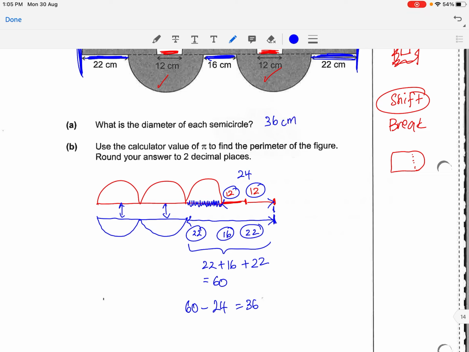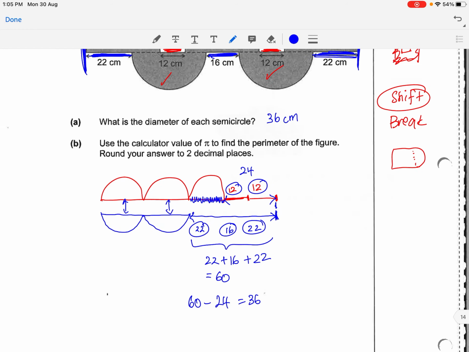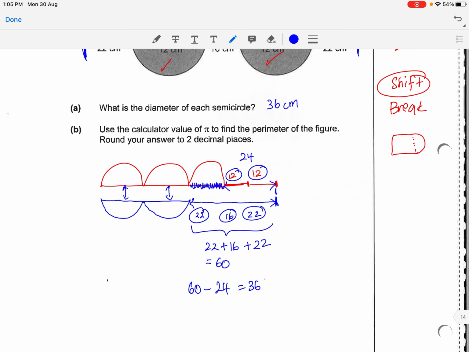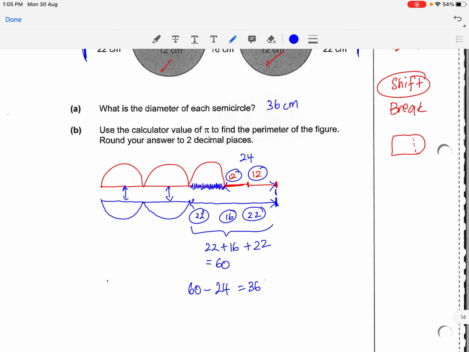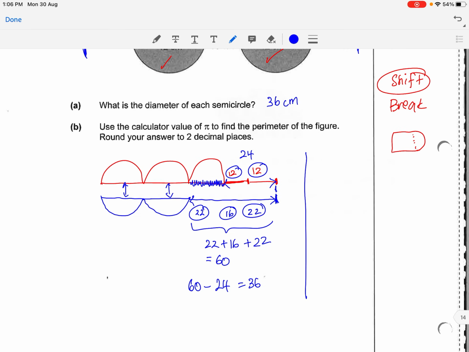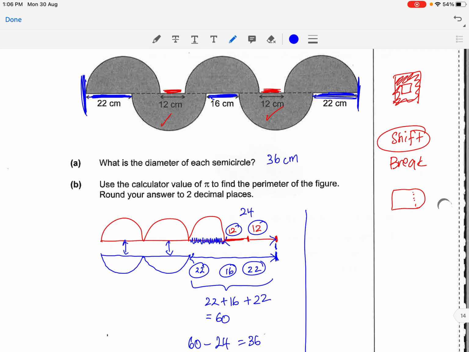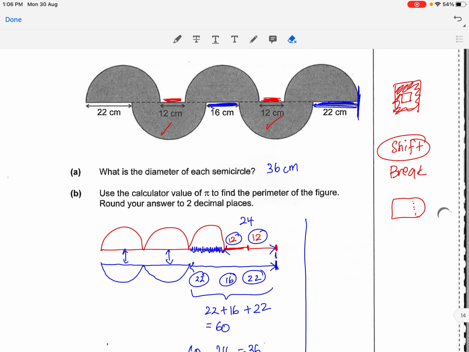The next one: use the calculator value of pi to find the perimeter of the figure. Round your answer to 2 decimal places. I'm going to do part B on the right. I want to find out the total, how many semicircles do I need.